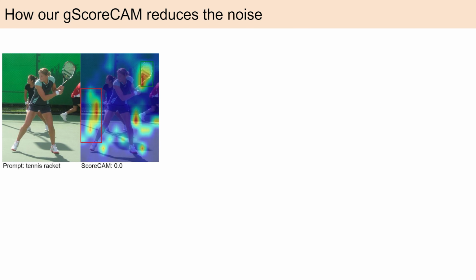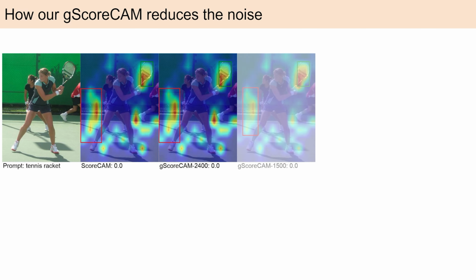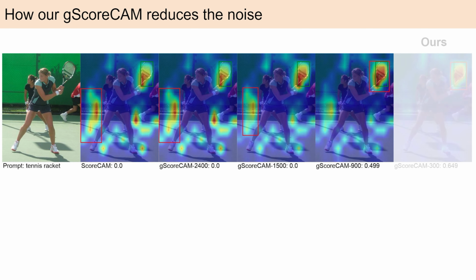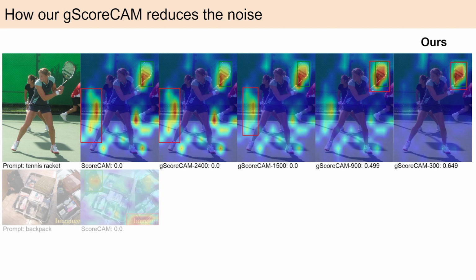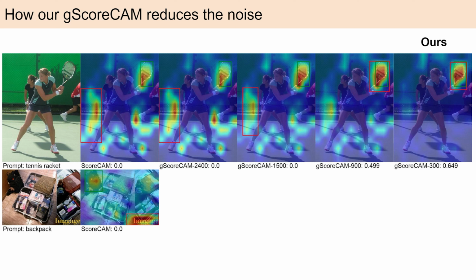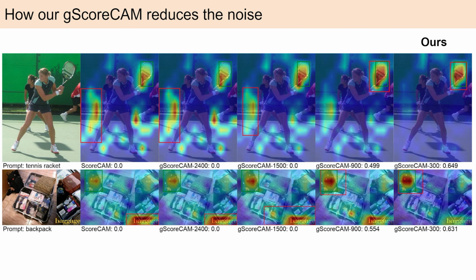The original ScoreCAM uses all activation maps, which often results in a very noisy heat map. Instead, gradually removing least important channels reveals the most important object, here the tennis racket, that contributes to CLIP's decision. In another complex scene, shifting focus away from text and random objects, our method correctly localizes the black backpack.